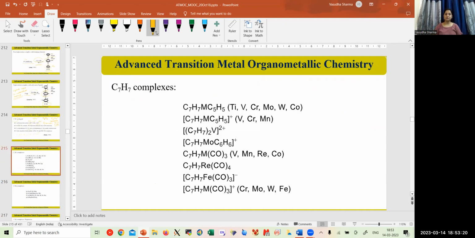So we will look around at what metal complexes are possible with C7H7. So C7H7 and C5H5, these are a combination of both 7-membered and 5-membered rings, where these are the possible metals with which the complex has been seen.